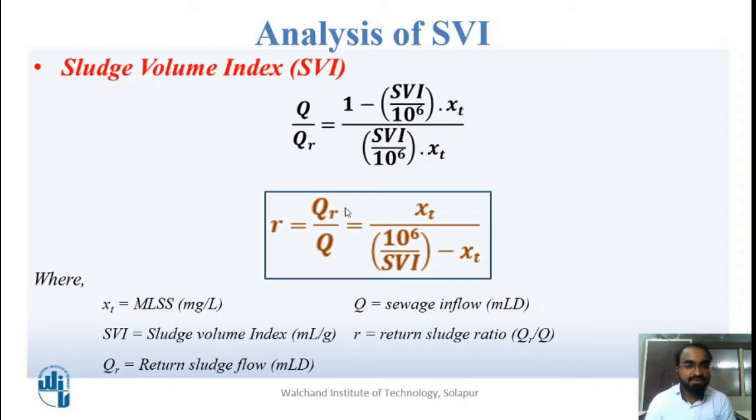So if we know the SVI value and MLSS value, I can calculate the return sludge ratio. And by the return sludge ratio, I can easily calculate how much return sludge I have to pump into the bioreactor so that my MLSS and my F/M ratio will be maintained in the biological reactor.